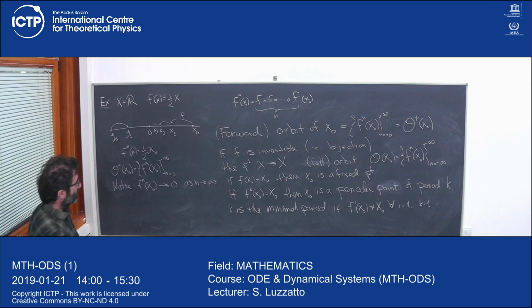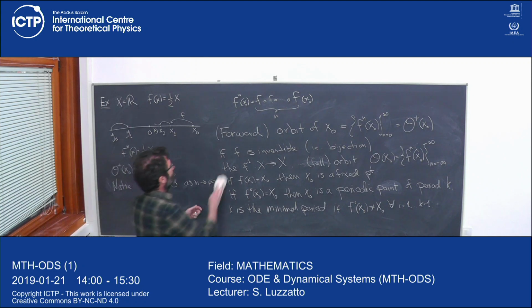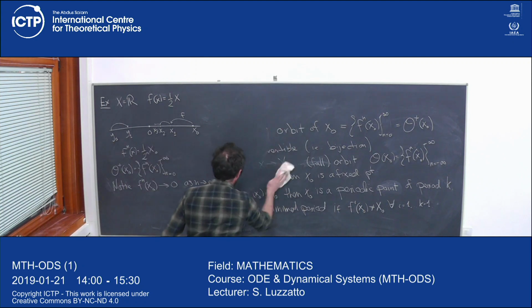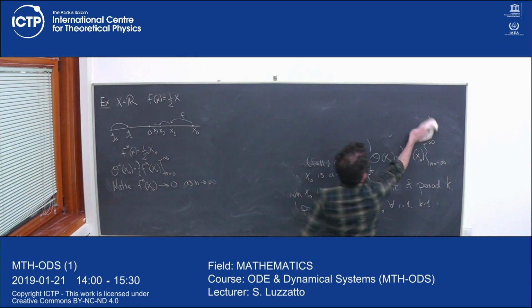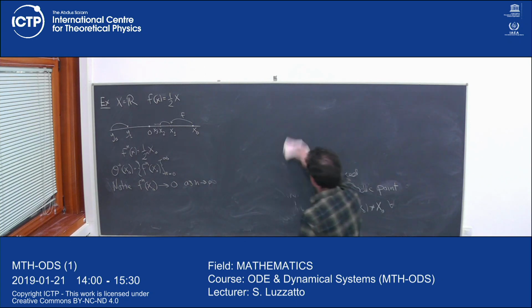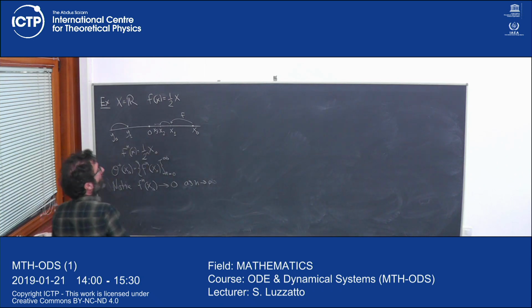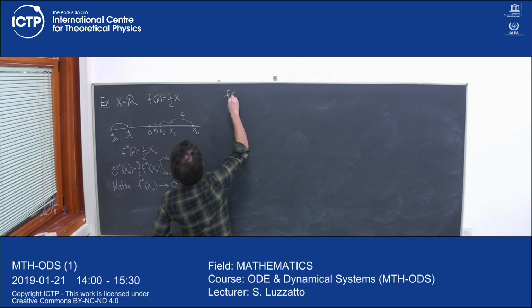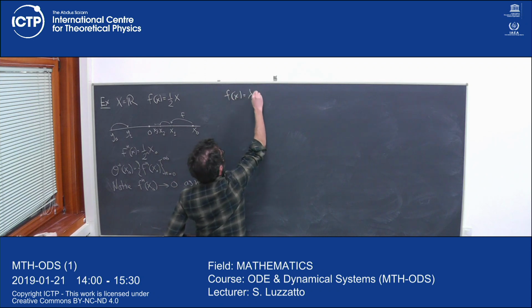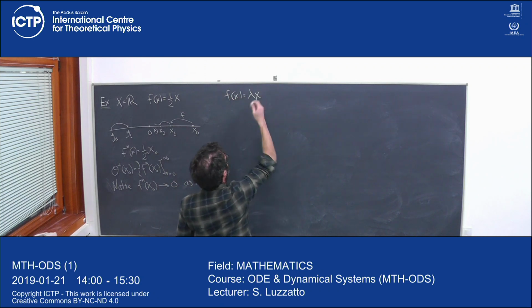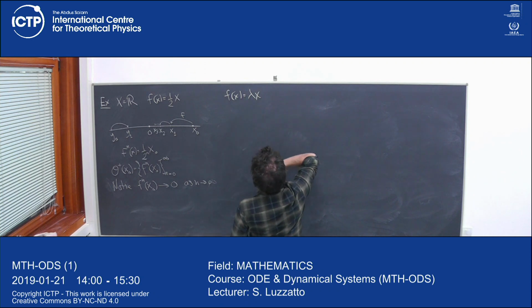Let's generalize this a little bit. f of x equals lambda x, where lambda can be something, various cases.